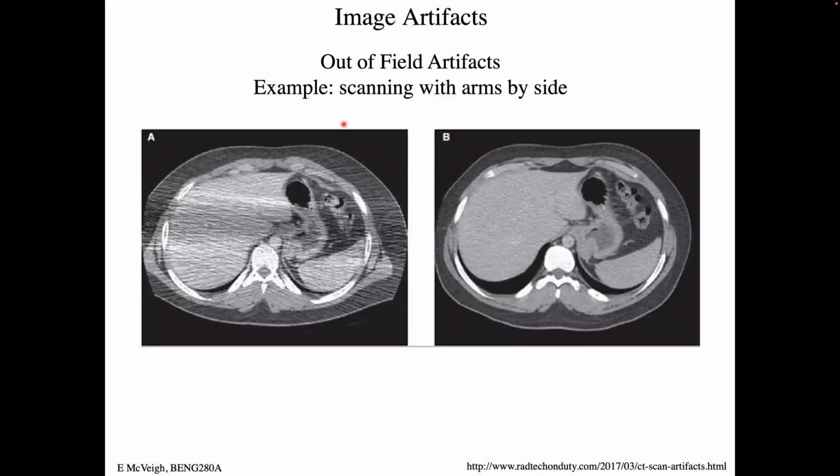And either the patient didn't know or they didn't instruct the patient, but the patient's arms were down by their side, right? And the arms are out here and here, and that is outside the field of view, essentially, right? So the detector, when I have my source here and I'm taking data on my detector, it doesn't see the arms, right, for these views.